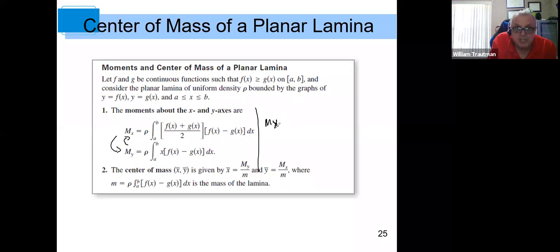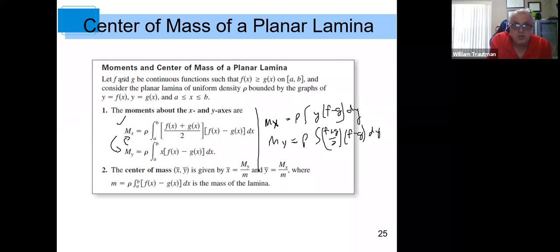The mx with respect to y becomes density integrating y times f minus g. And then the my becomes the top one: density integrating f plus g over 2 times f minus g dy.